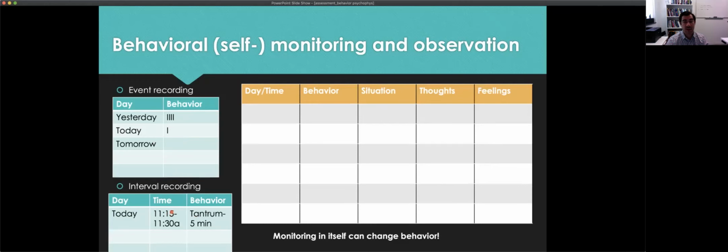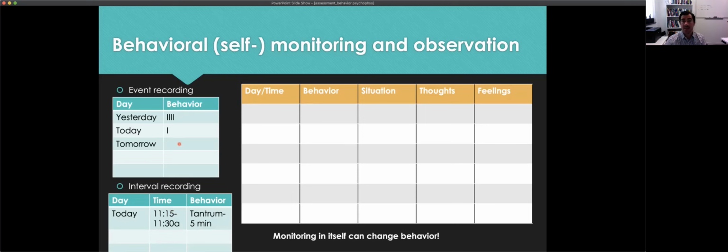We can track all intervals for a period of time, or we can do something called interval sampling, where we mark down different periods of the day where we want to track, like 15-minute periods. That allows us to narrow in and get more of a sample of those times where the behavior may be occurring rather than trying to track everything. And that's just a little bit easier than trying to mark down every time a behavior is occurring.